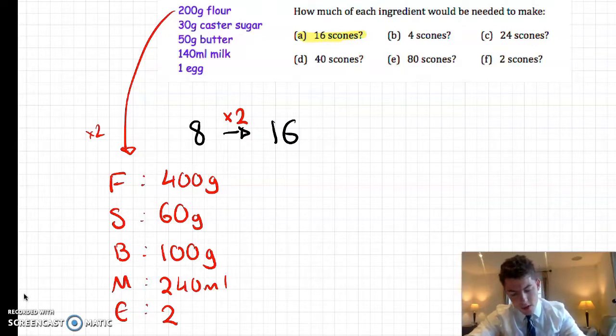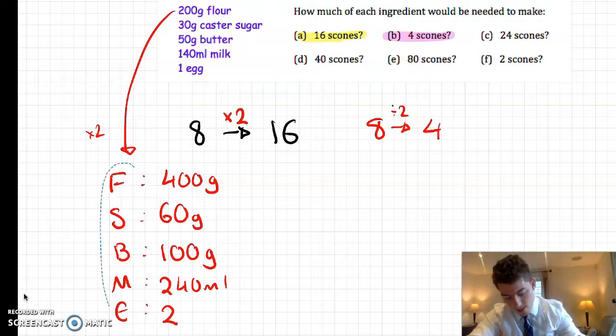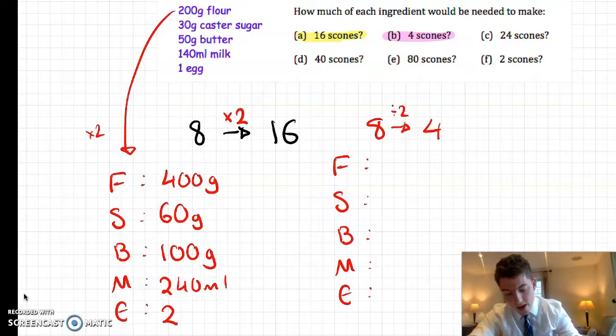Okay, question 2. 4 scones. Well, 8 to 4, we have to divide it by 2 because we're keeping it all proportional. So same thing, how much flour do we need? We'll go in the same order. I will copy and paste this to save myself writing time. So we need to divide it by 2.